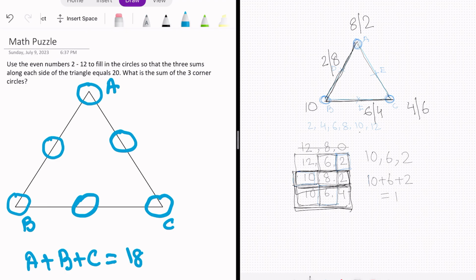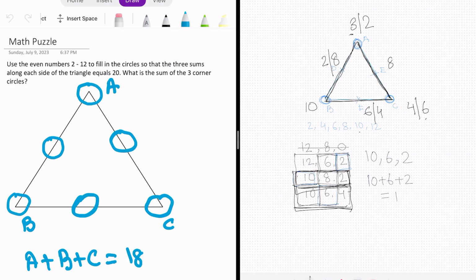Right? Now let's look at this line. It has to add up to 20. Now I can assume that it's 8 and then 4, which is 12. And if that's 12, then we are left with 8. Or it can be 8 and 6, which is 14.